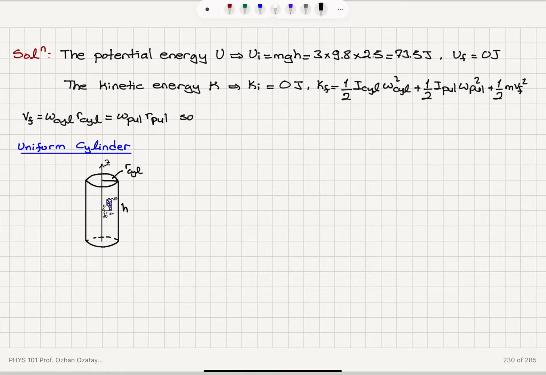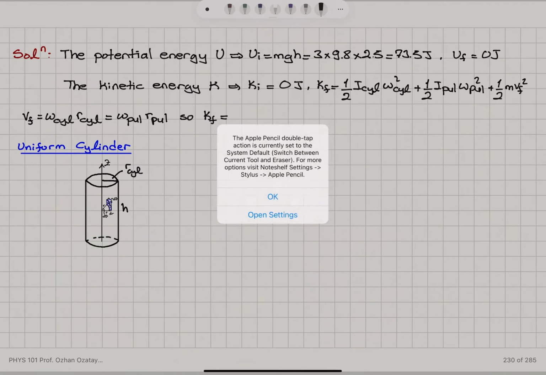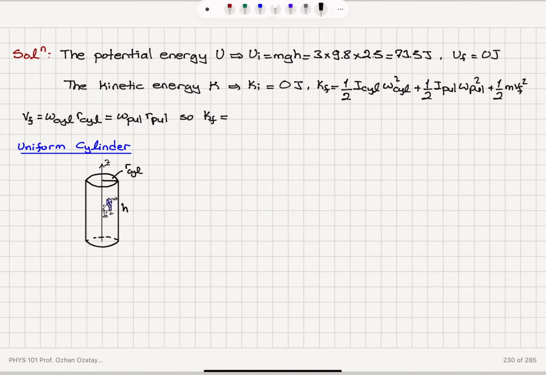So we can write the final kinetic energy as 1/2 I cylinder v final squared over R cylinder squared plus 1/2 I pulley v final squared over R pulley squared plus 1/2 m v final squared.